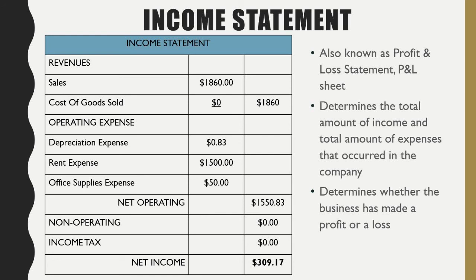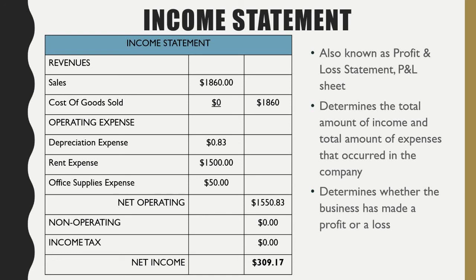The purpose of this statement is to basically determine whether your company made a profit or made a loss. So when we're looking into this, we're looking at the total revenues that the company has made, and we're going to subtract all the operating expenses, things that it takes in order to run the business.